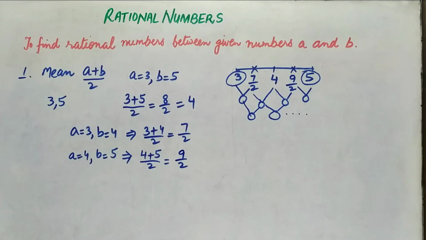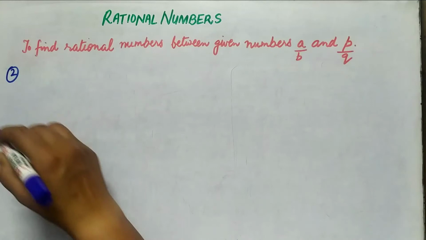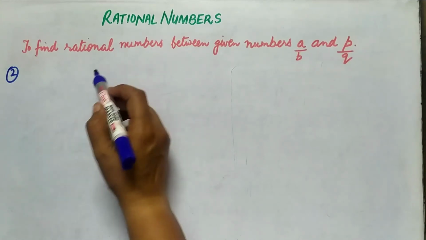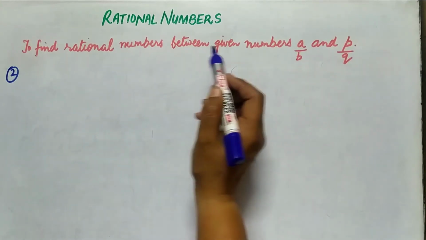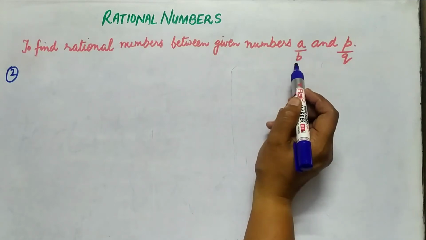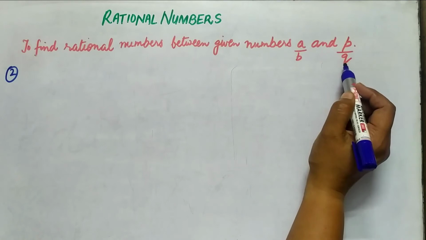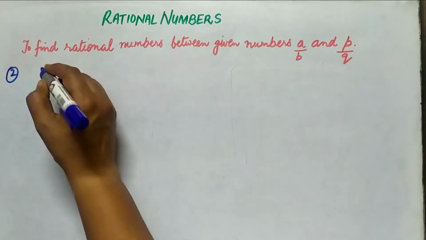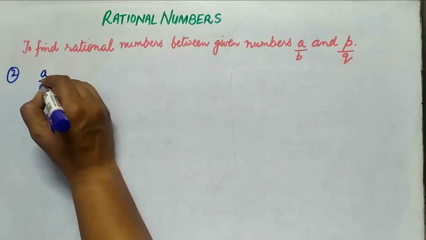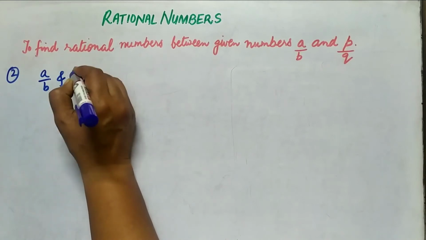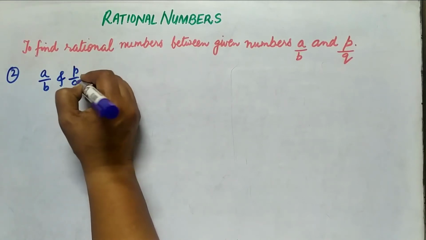Let us proceed towards second method, which is the addition method. What we do in this method? We have to find the rational numbers between given numbers a upon b and p upon q. These two rational numbers are given. We write these two numbers a by b and p by q.